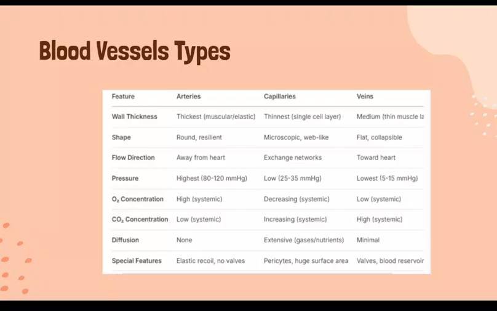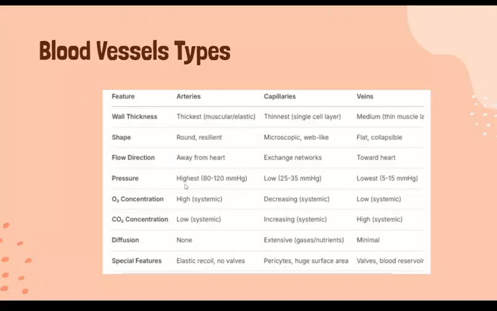Arteries are blood vessels that carry blood away from the heart. They're pretty thick because you've got to give every part of your body some blood. You have to be thick. You have to be strong so that your entire blood chain doesn't break. It's round, and its flow direction goes away from the heart.